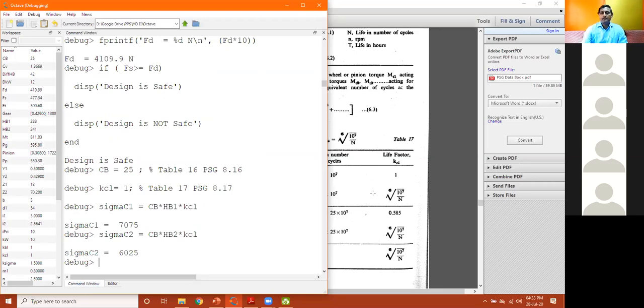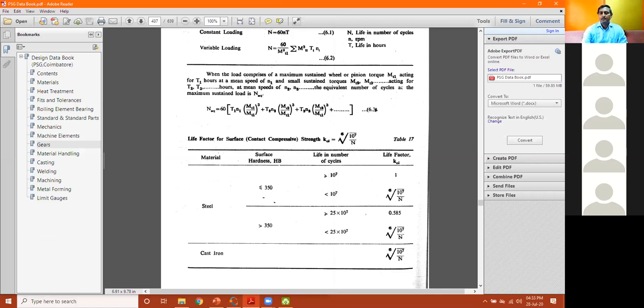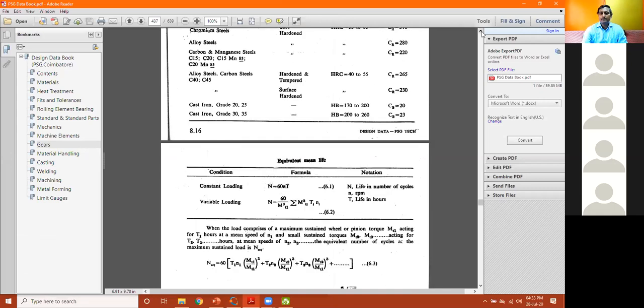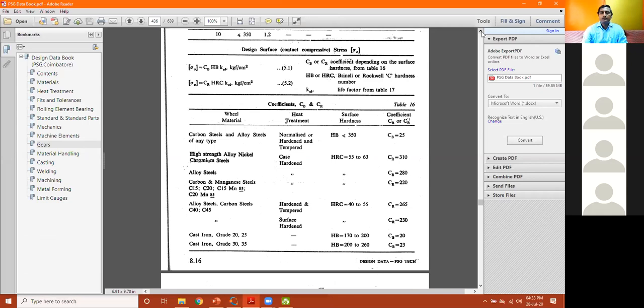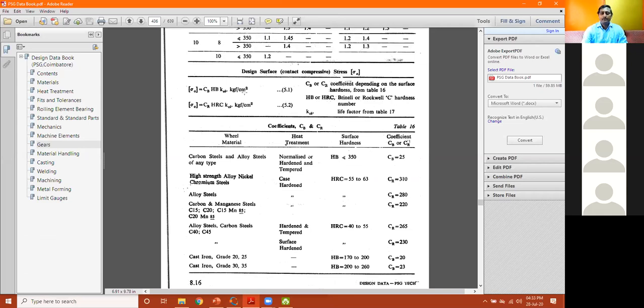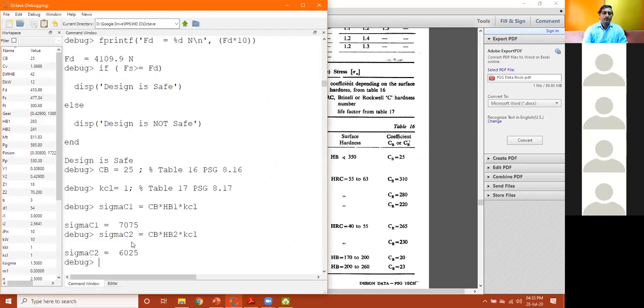Let me just check in the data book. Yes, it is in kgf per centimeter square. So we have calculated sigma C1 and sigma C2 as 7075 kgf per centimeter square and 6025 kgf per centimeter square. Now we have design values with us.